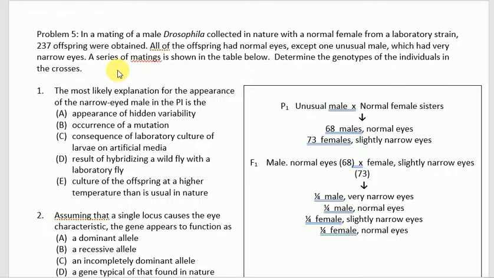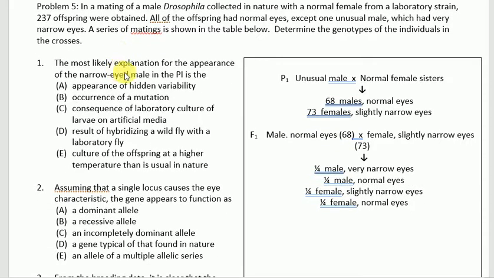Okay, so in our first cross, we have an unusual male and a normal female. So, normal female, we already know XN, XN.